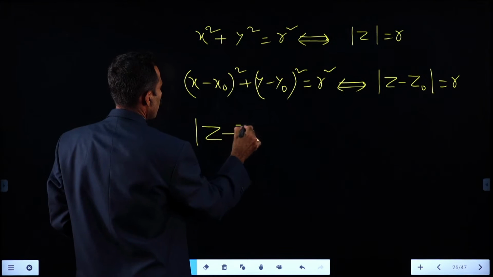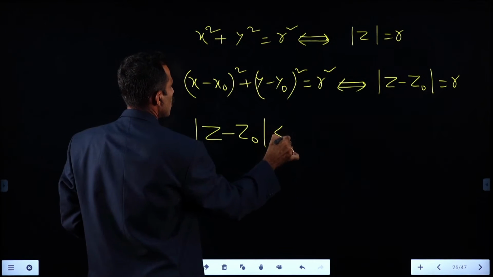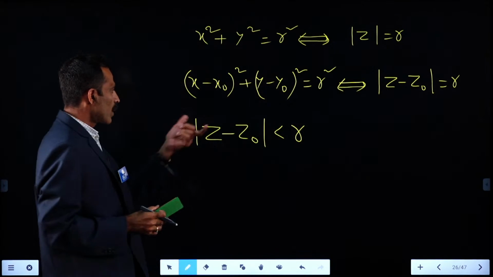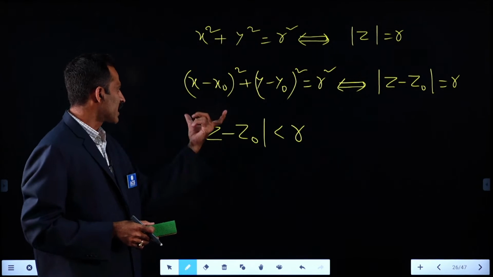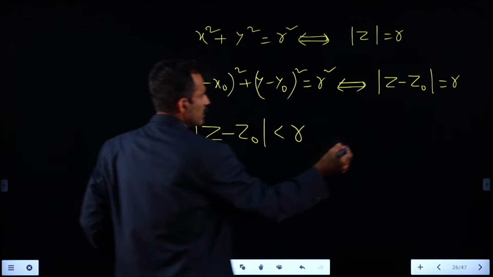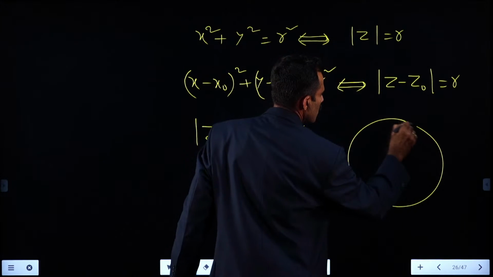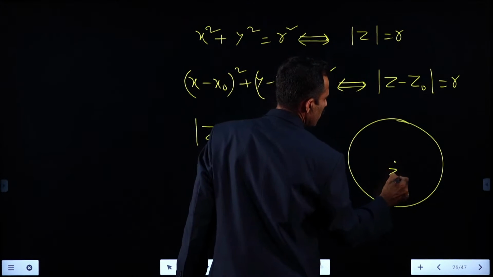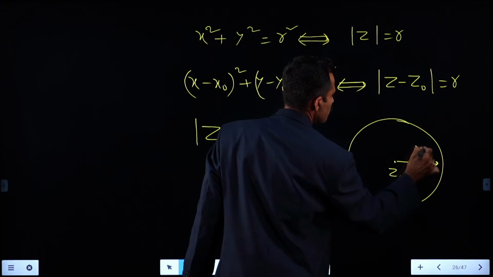Now if you consider the inequality like this, mod z minus z naught less than r, this inequality says that the point z lies inside the circle with center at z naught and radius r.